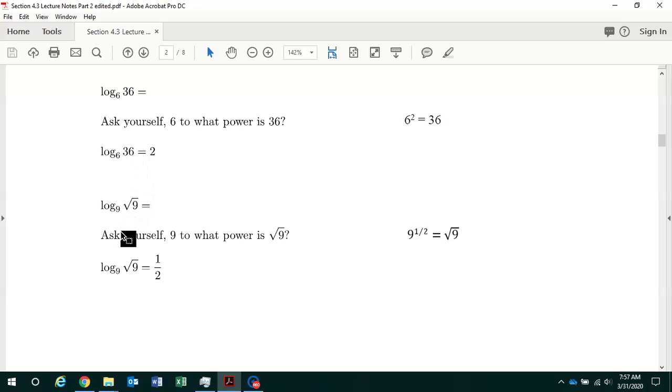What's log base 9 of the square root of 9 equal to? Well, the square root of 9 written with a rational exponent is 9 to the 1/2 power. So log base 9 of the square root of 9 is equal to 1/2. 9 raised to the 1/2 power is equal to the square root of 9.